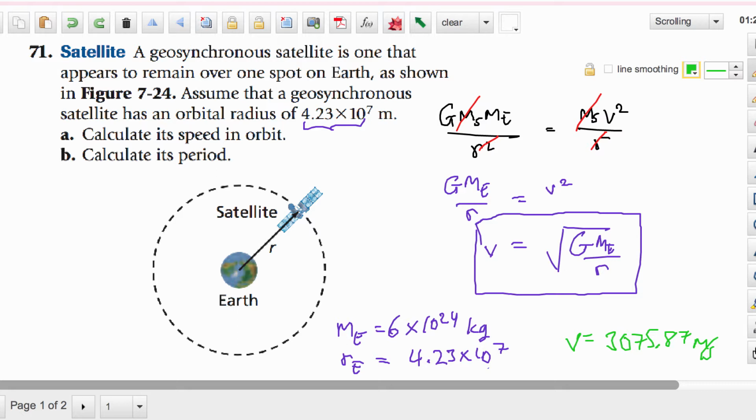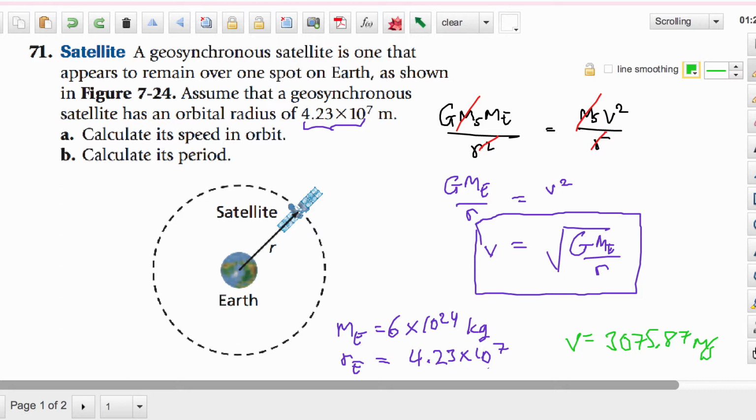The same way we got an expression for the velocity, I want you to analyze the path of that satellite and calculate its period. The period is the time it takes to complete one full revolution around that circular path.